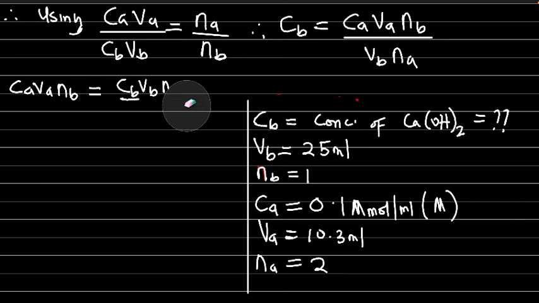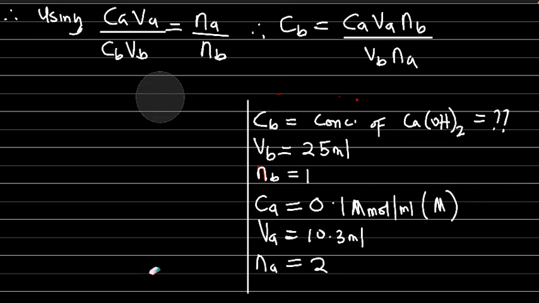So now let's insert our values here. Please take note, I'm doing this so that you know how to solve this. So my CB will now be CA. The value for CA is 0.1. The value for VA is 10.3. The value for NB is actually 1.